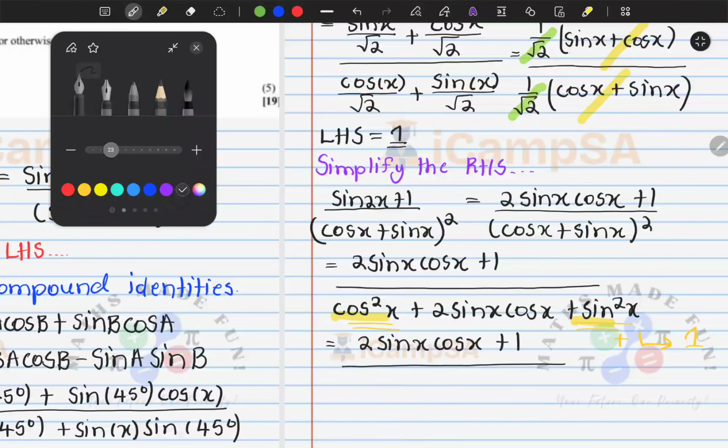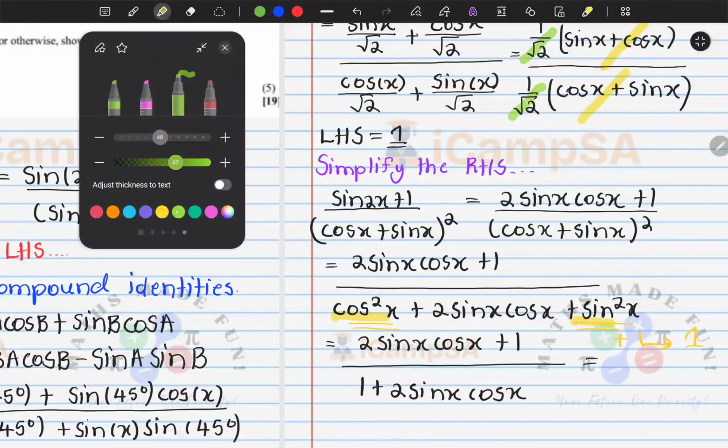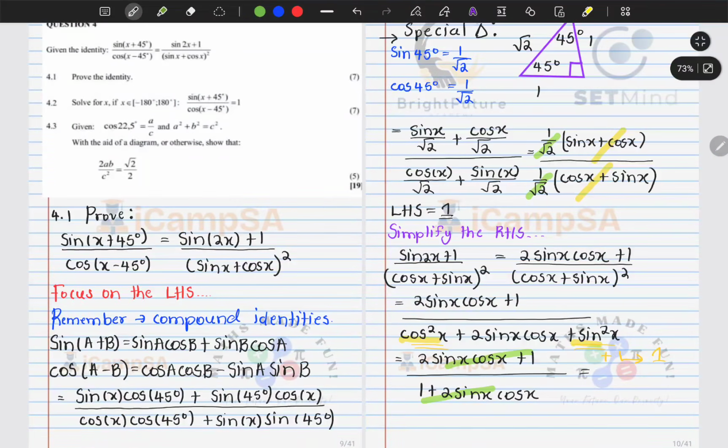Which means we end up having 1 plus 2 sine x cos of x. And as you can see, you can rightfully cancel this here and eventually get 1. So we can say, therefore, as you can see, our right-hand side is indeed equal to our left-hand side.